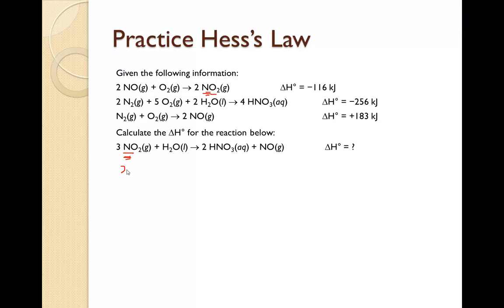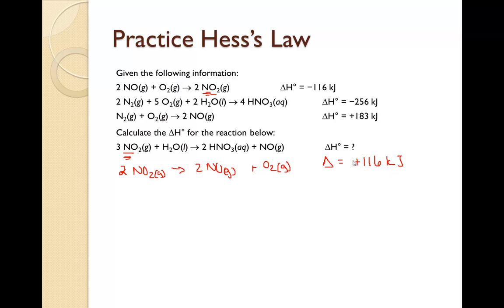So 2 NO2 gas yields 2 NO plus O2. Because I flipped that around, I need to flip the sign. It's now positive 116 kilojoules.